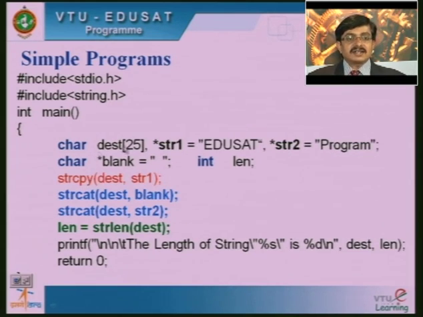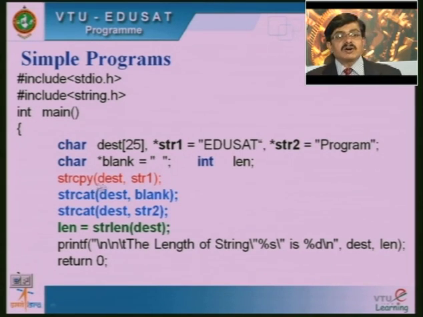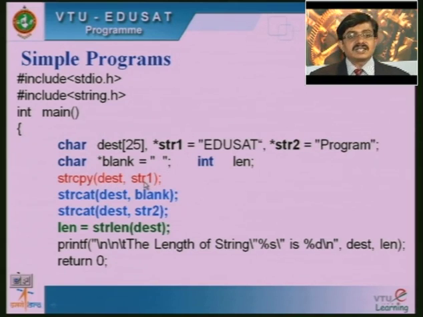I am using another pointer to char, blank, holding a single space to leave a space between the two strings. I am also using an integer variable called length. Now strcpy destination comma str1: I am copying the string str1, edusat, to the destination, which is an array of 25 characters.